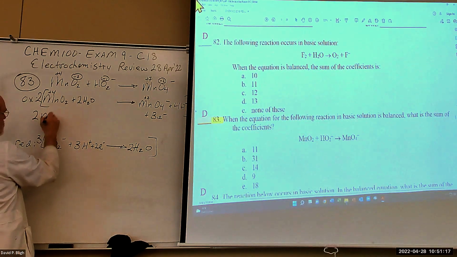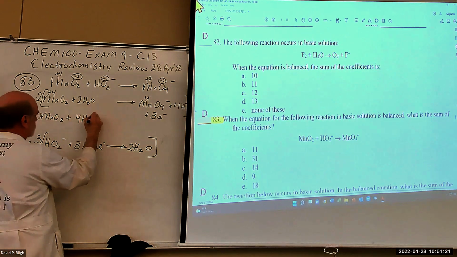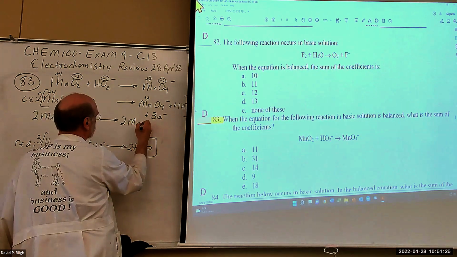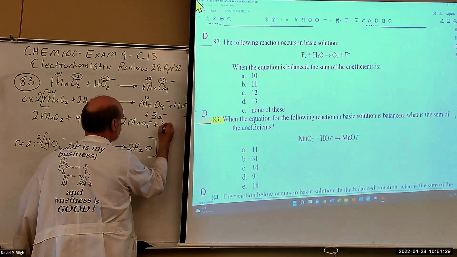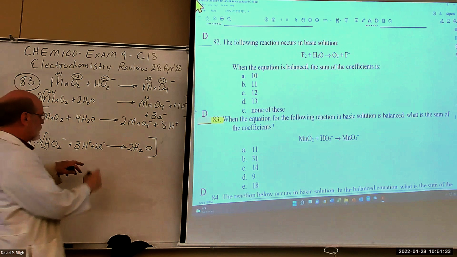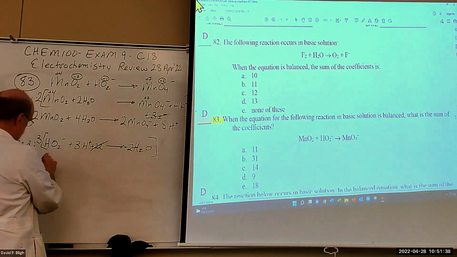So we have 2 MnO2 plus 4 water yields 2 MnO4 minus plus 8 hydrogens. And I'm not going to do the electrons because they're going to cancel anyway. Right?